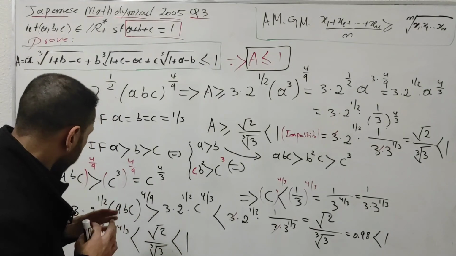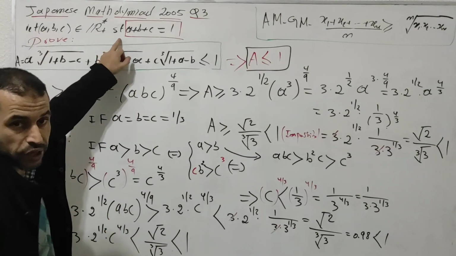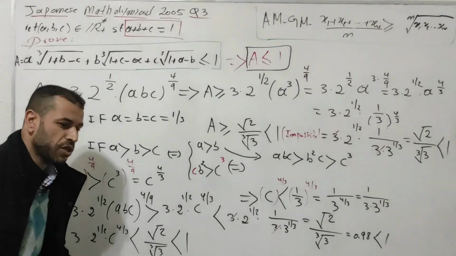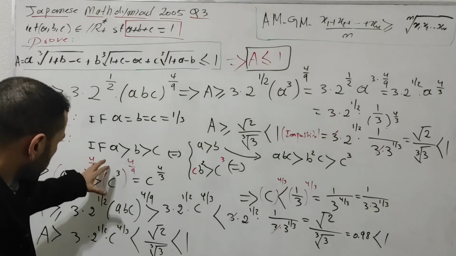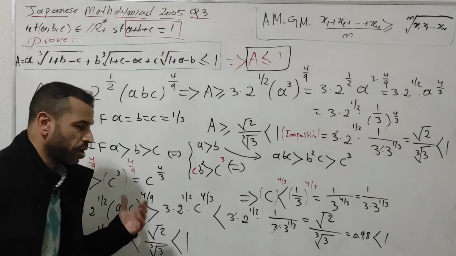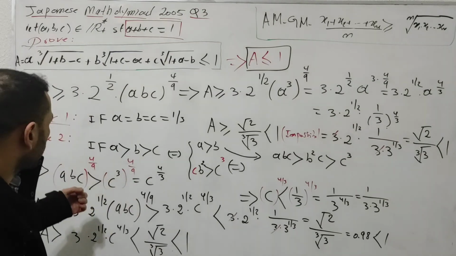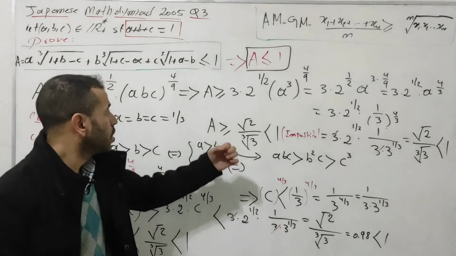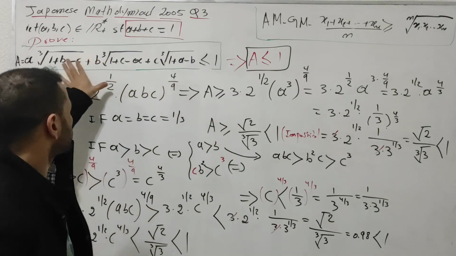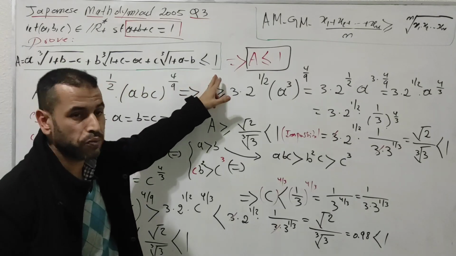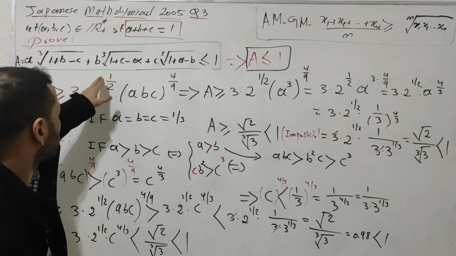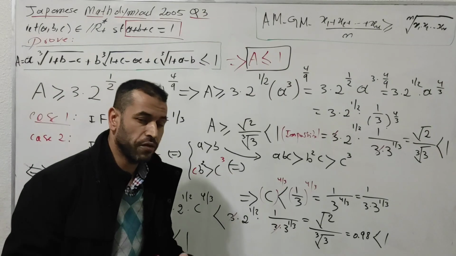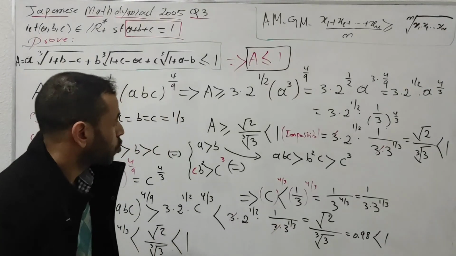Okay? But since we have a symmetry here, that means A, B, and C are playing the same role. That means this argument follows similarly for the other numbers, B or C. All the cases indicate it is impossible to have this sum strictly superior than 1. At the end, this sum must be inferior or equal to 1. Okay? So I am done with this problem.